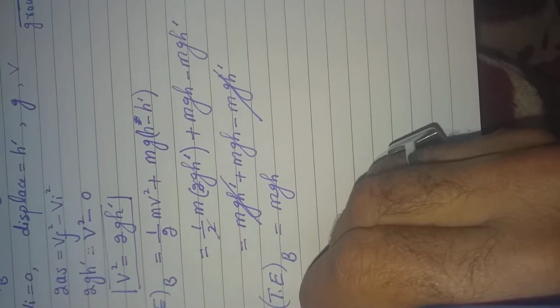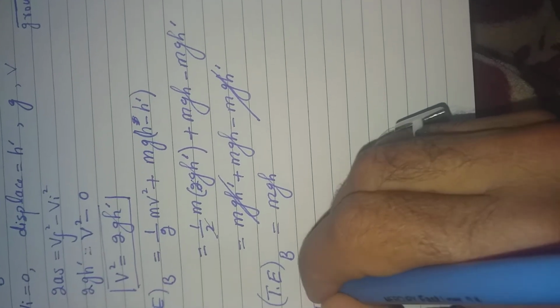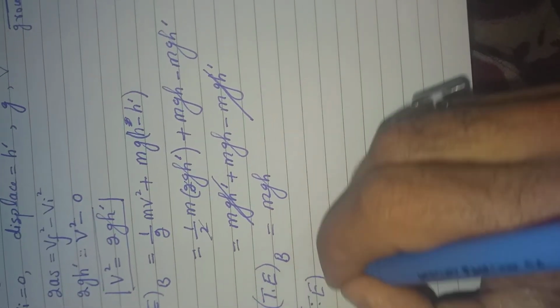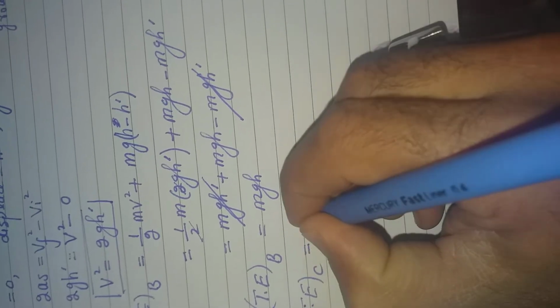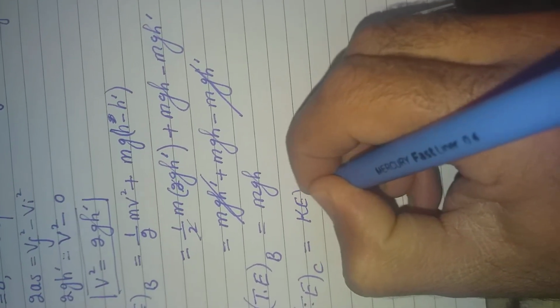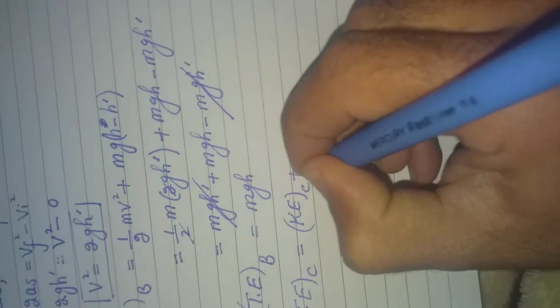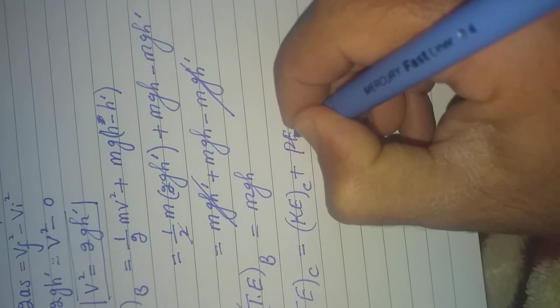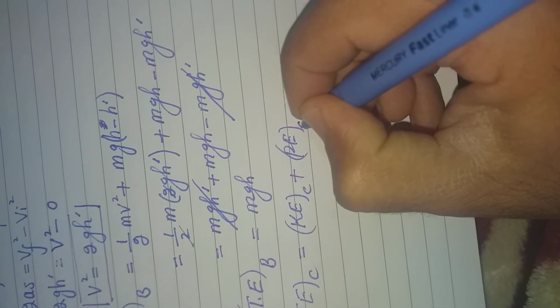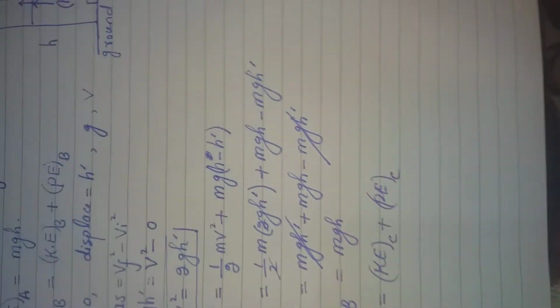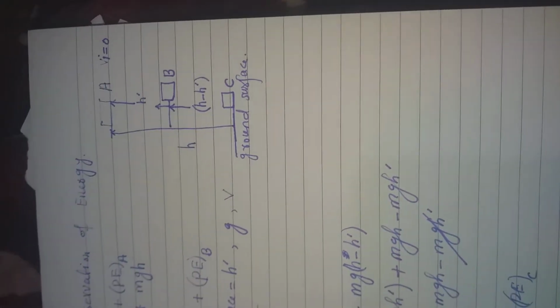At point C, the total energy will be equal to kinetic energy at point C plus potential energy at point C. Here we will take another step.